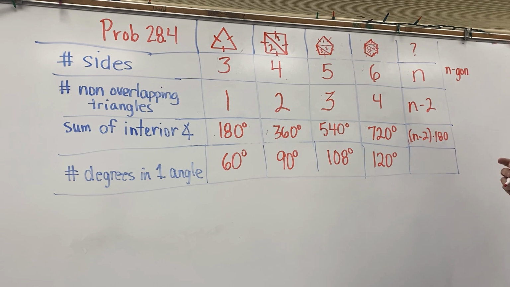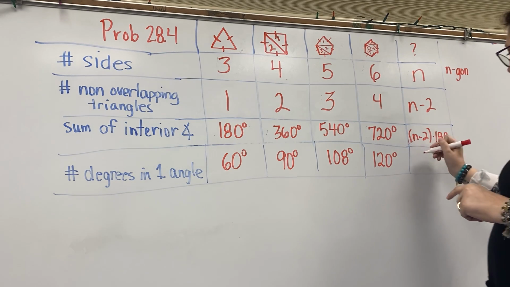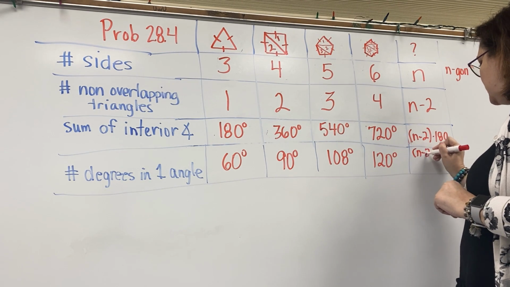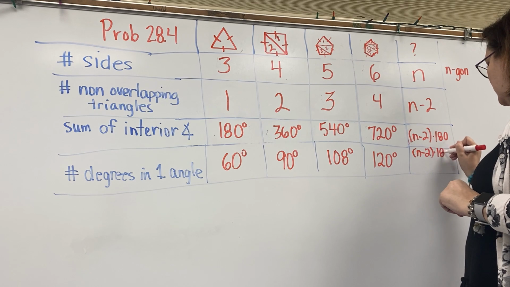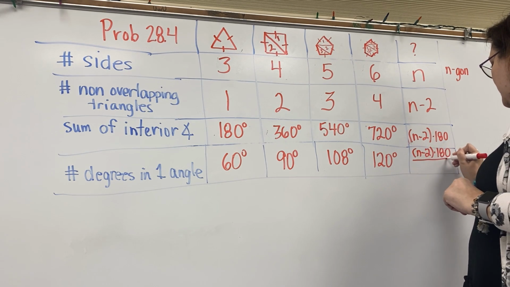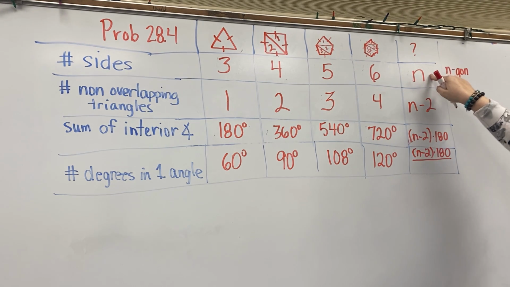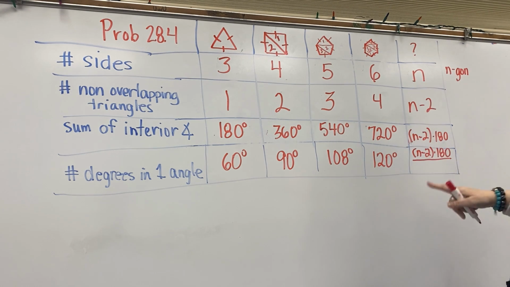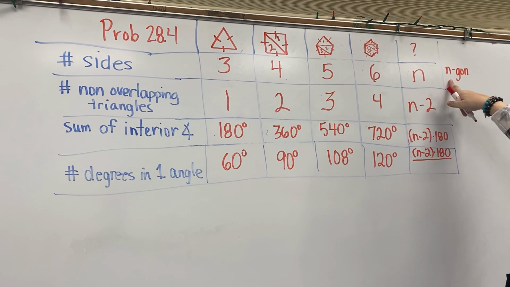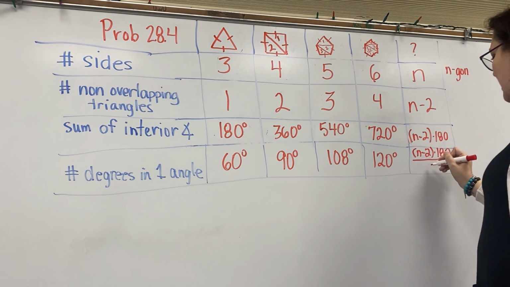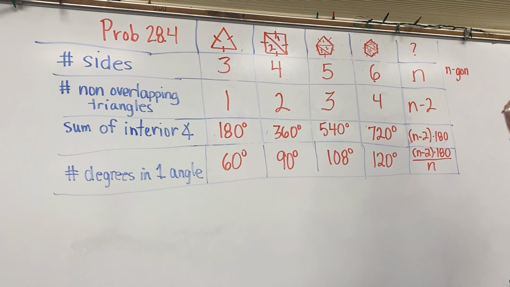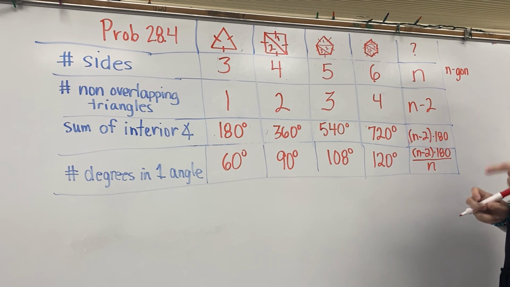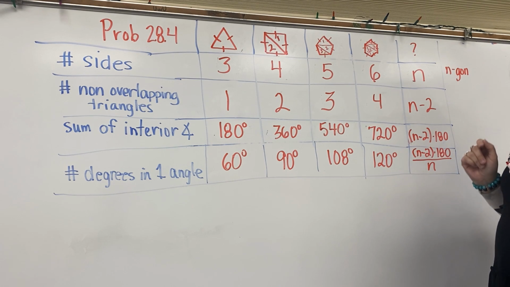And if I want to know the number of degrees in just one angle, I'm going to take that big number, n minus 2 times 180, and divide it by the number of sides. If it's a regular polygon, a regular n-gon, then I'm going to divide by n. That tells me how many degrees in just one angle. All right? This is problem 28.4.